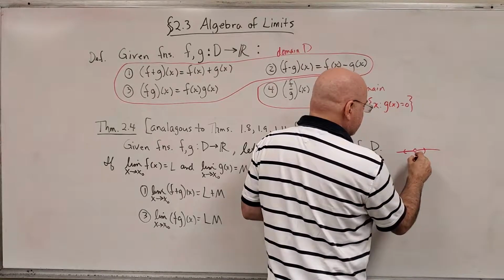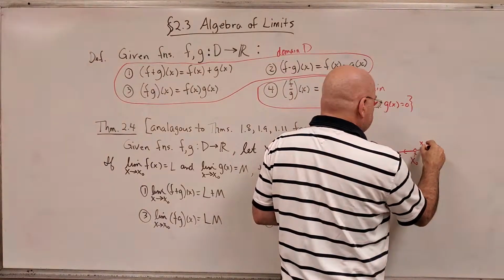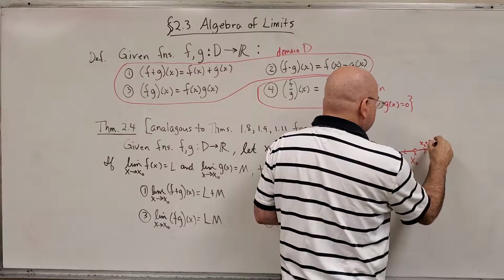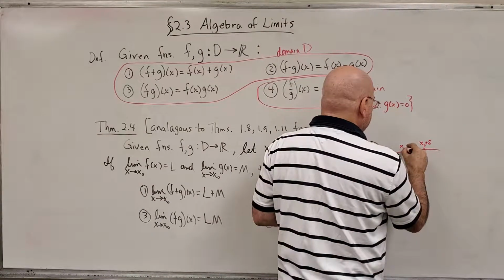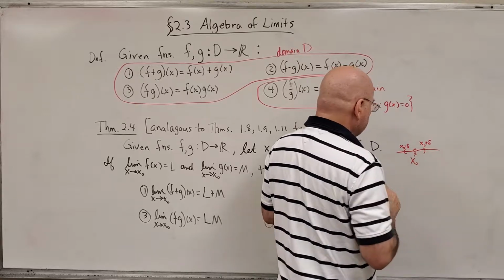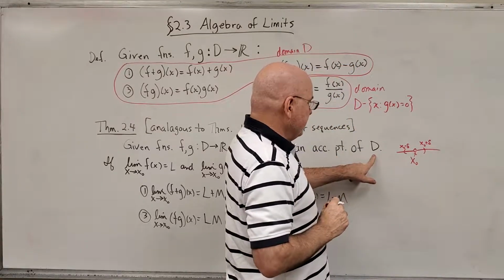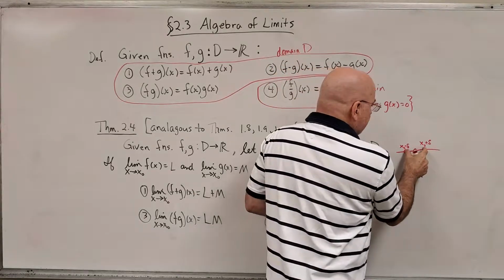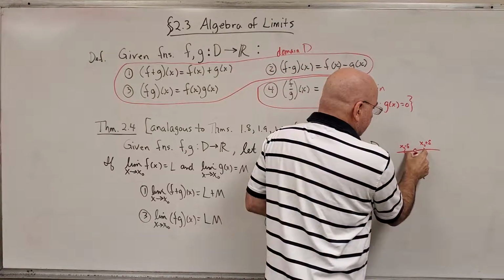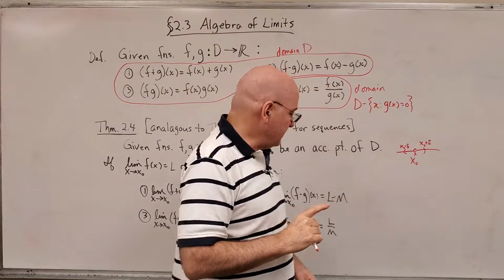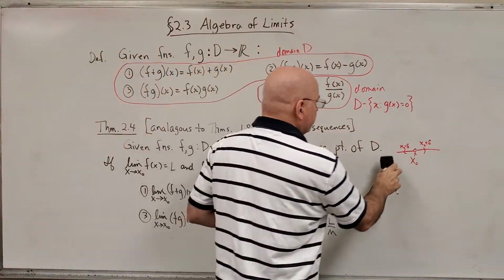So if that's x naught, and this is x naught plus, say, delta for some little positive number, and x naught minus delta. Although x naught might not be in the set D, there must be an infinite number of elements from this interval that are contained in D. That's an accumulation point of D.